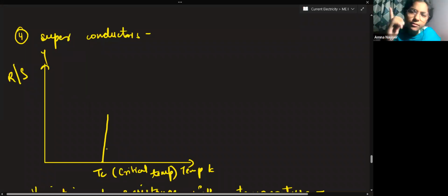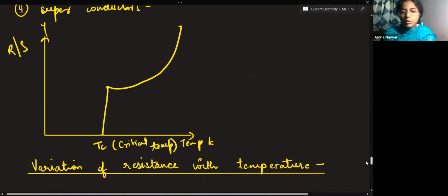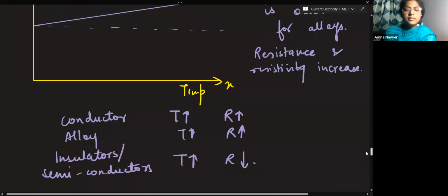There's no variation that you're able to observe up to the critical temperature. As this critical temperature is reached or a point is crossed, resistance increases abruptly. And these are valid only for superconductors.